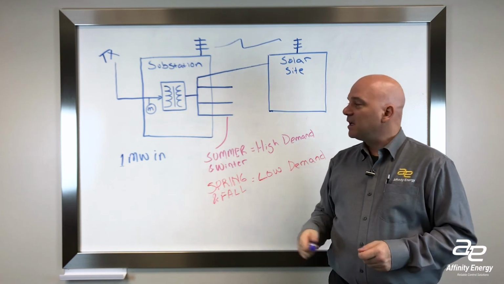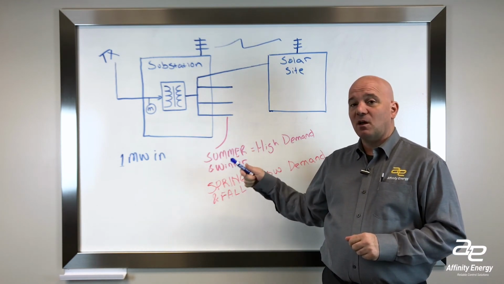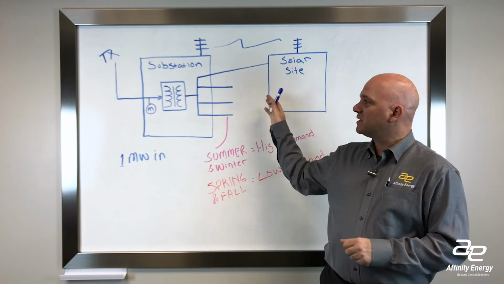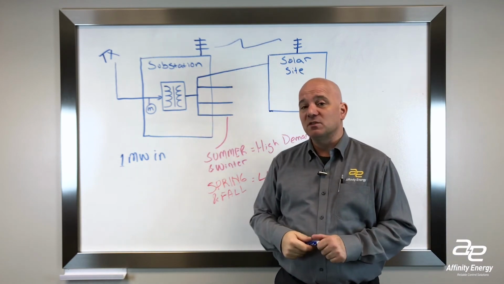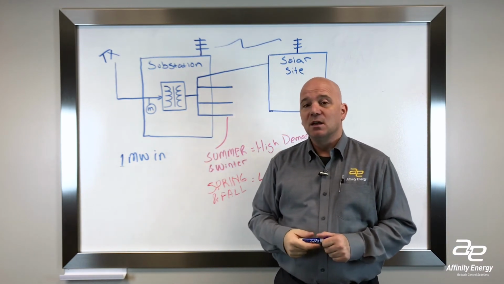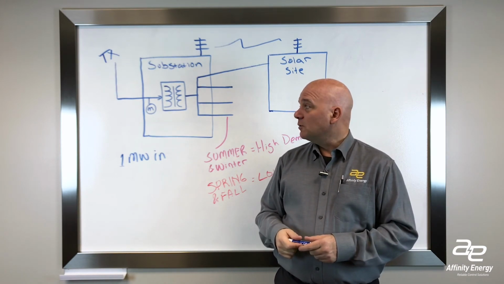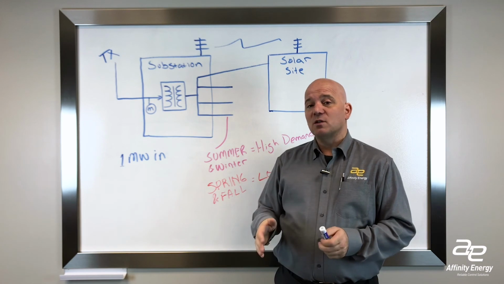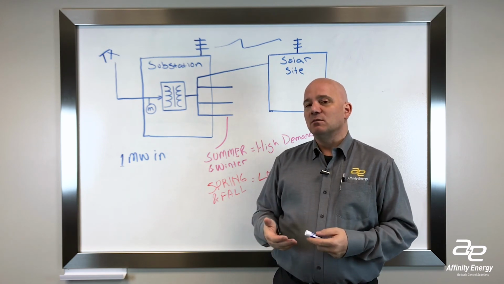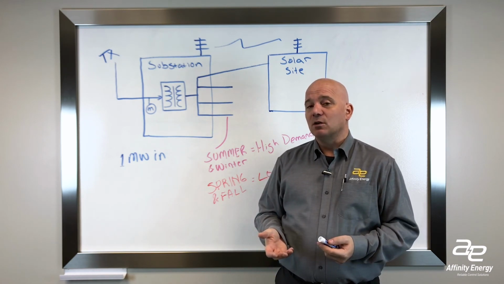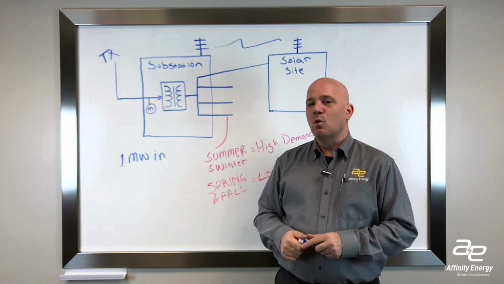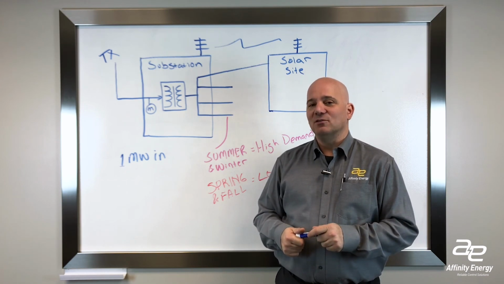But at the same time, it mitigates the risk in the spring and the fall, where demand is low, of potentially exporting power from the substation onto transmission and having penalties or the risk of tripping associated with that. So it's a low cost approach that might enable you to implement some solar power in an area where you might not have otherwise thought it was easy or practical to do so.